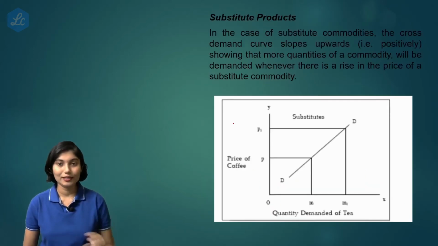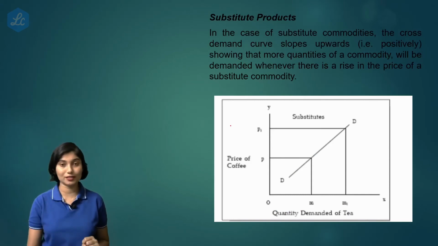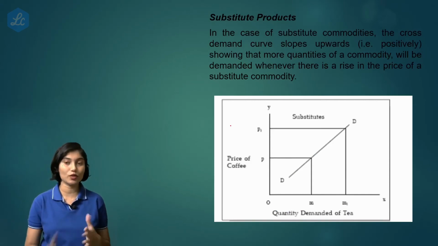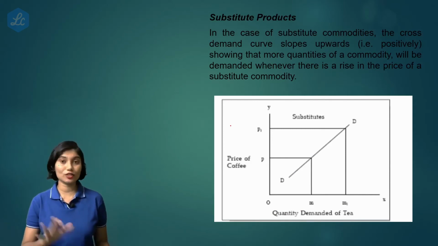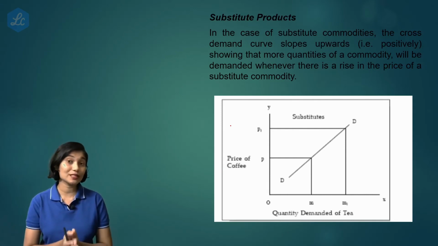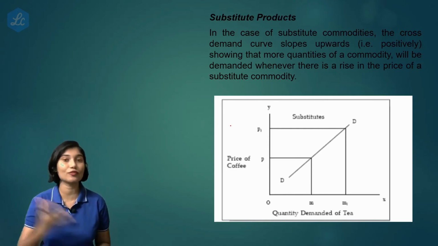Keeping this in mind, which are the two different types of related products? We have substitute products and complementary products. Now, what do we mean by these? Just going to brush through, if at all you have not gone through that basic lecture. Substitute product means one which can be used instead of another, in the place of another.